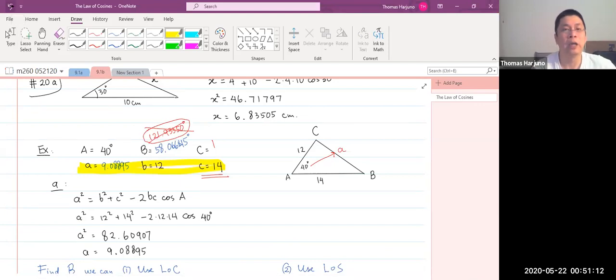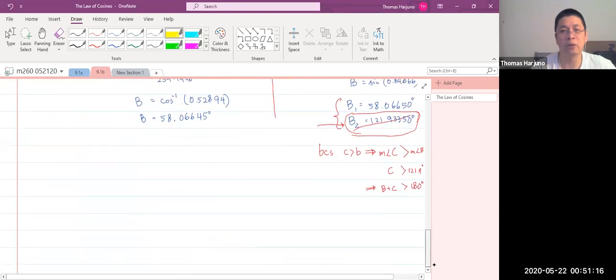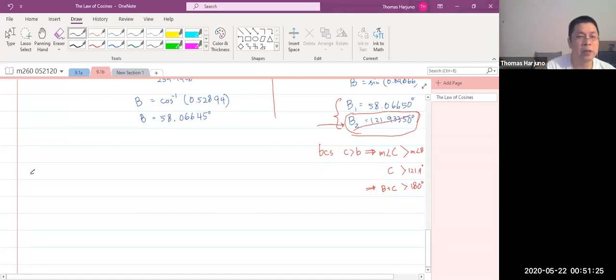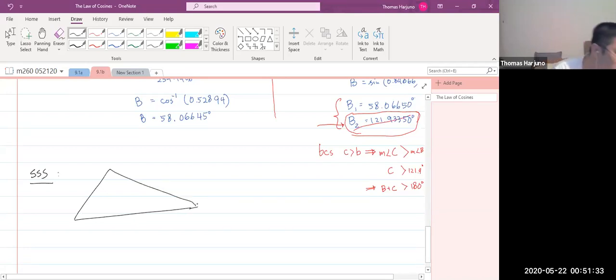Okay. Now, implicitly, I have taught you the second application. What if we have three sides? Suppose I have this one. This is 7, this is 8, and this is 13.